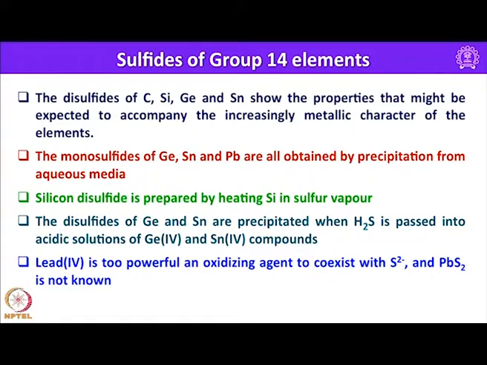The disulfides of germanium and tin are precipitated when H2S is passed into acidic solutions of germanium 4 or tin 4 compounds. Lead 4 is too powerful an oxidizing agent to coexist with S2 minus, and hence PbS2 is not known, similar to PbO2. Of course, PbO2 one can make, whereas in the case of sulfur PbS2 is not known.